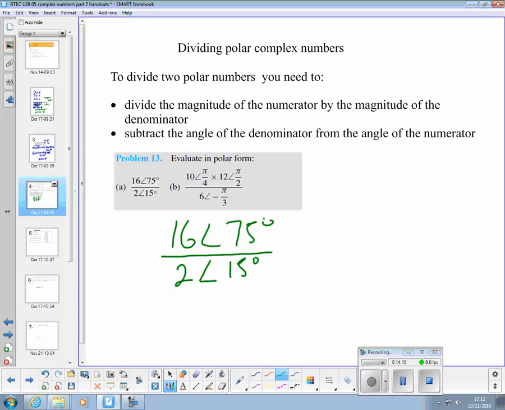We divide the magnitude of the denominator into the numerator, so we do 16 over 2 angle 75, we subtract the angles, minus 15. So that's 8 angle 60 degrees.